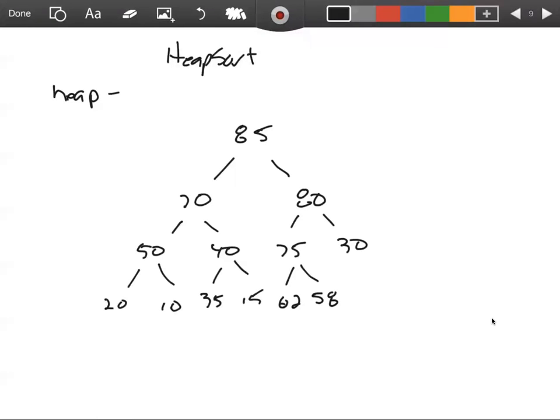Okay. And the original would be 85, 70, 80, 50, 40, 75, 70, and so forth. Okay. We're going to break it down this way.